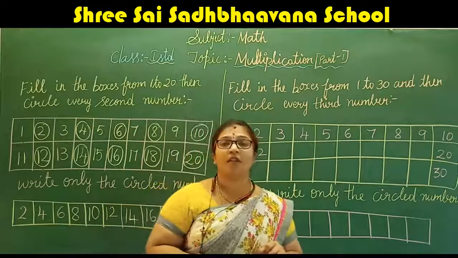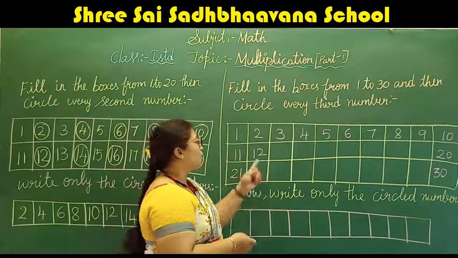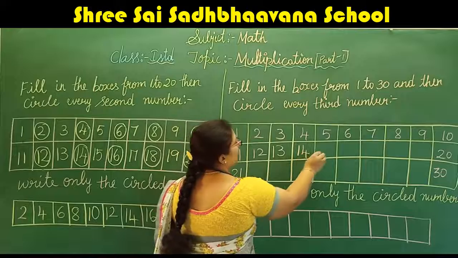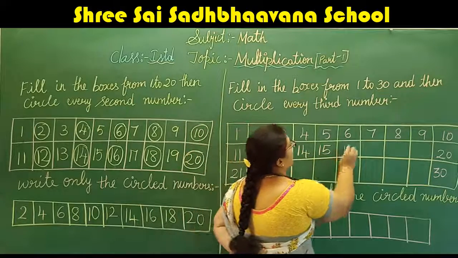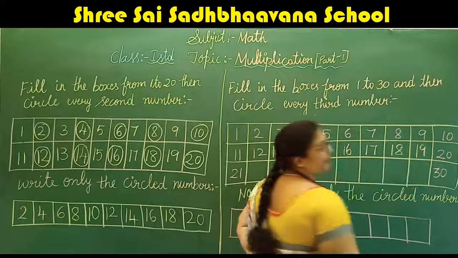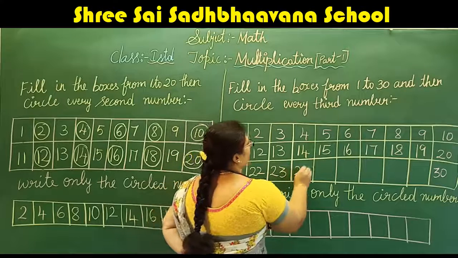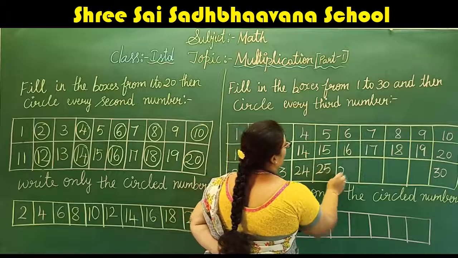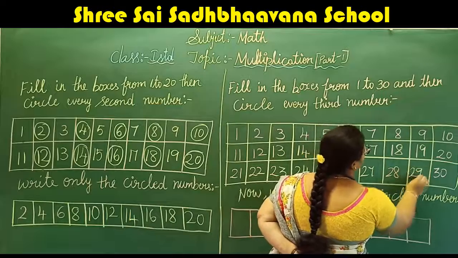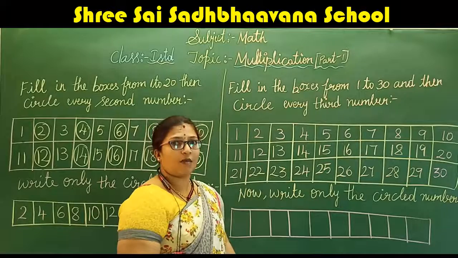So next, all the missing numbers till 30, you have to fill in first. After 12, number 13, 14, 15, 16, 17, 18, 19, 20, 21, 22, 23, 24, 25, 26, 27, 28, 29, 30. So we filled till 30 numbers there.